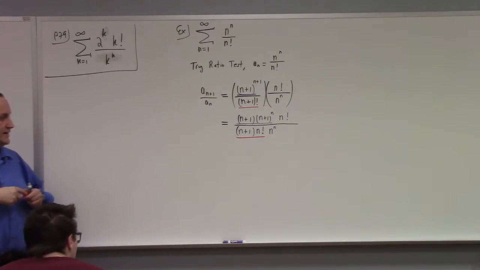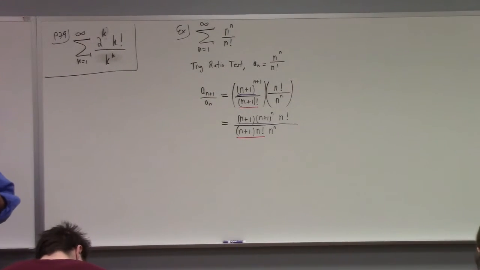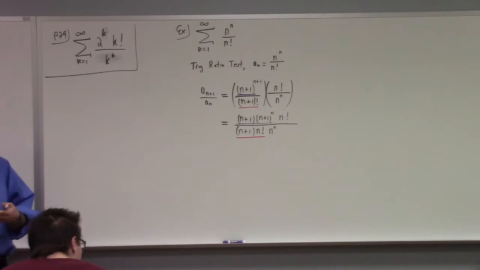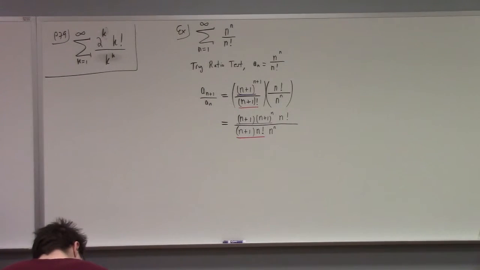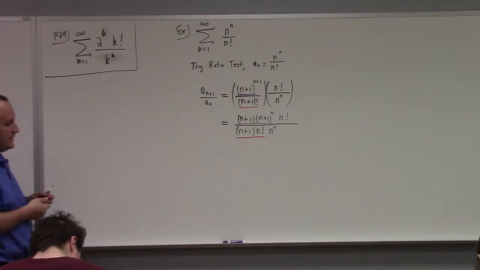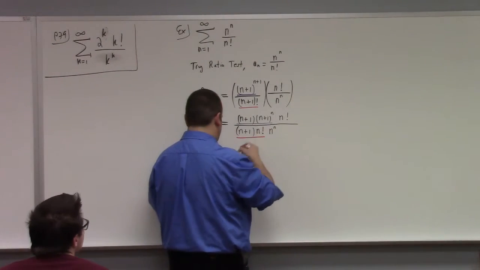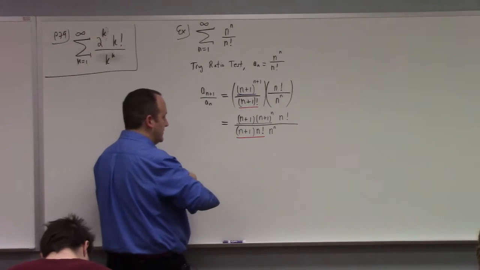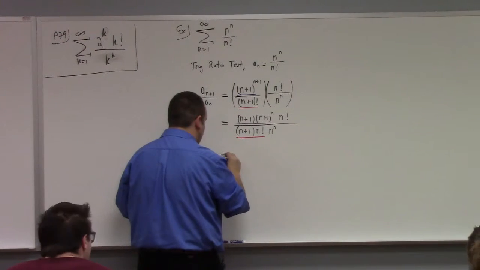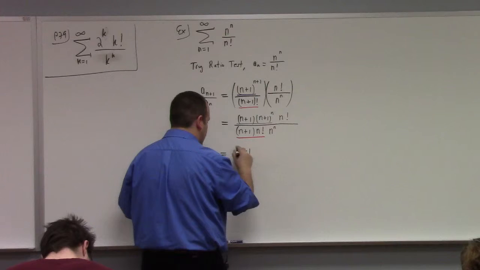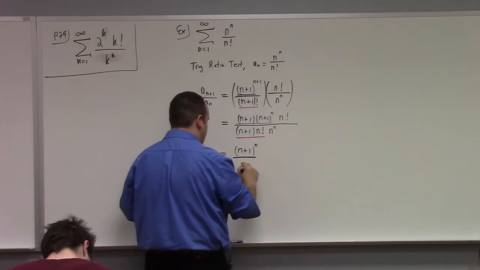We can rewrite it as n plus 1. I mean, n plus 1 factorial is n plus 1 times n factorial. This is an identity for the factorial, essentially the definition of it. And once you do that, there's some nice cancellations, isn't there? Like the n factorials are canceling. What are we left with? n plus 1 to the n over n to the n.